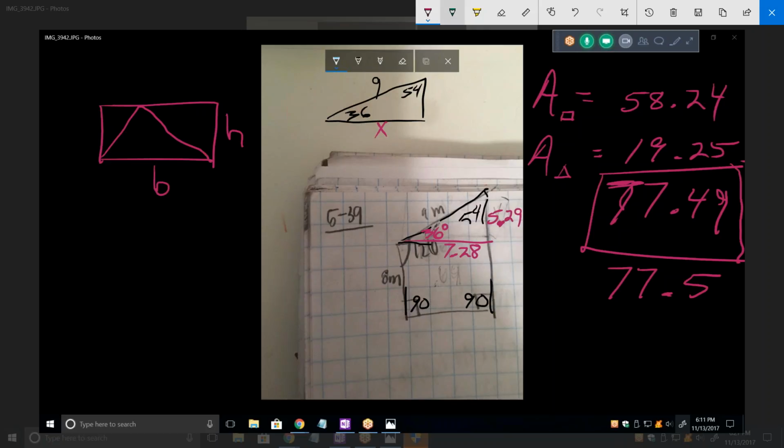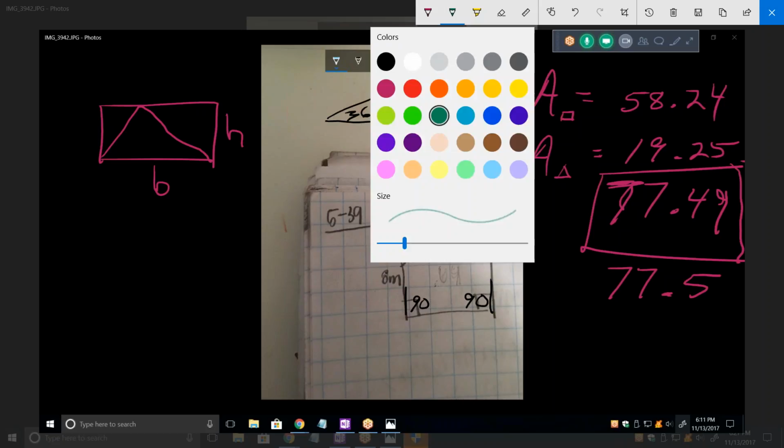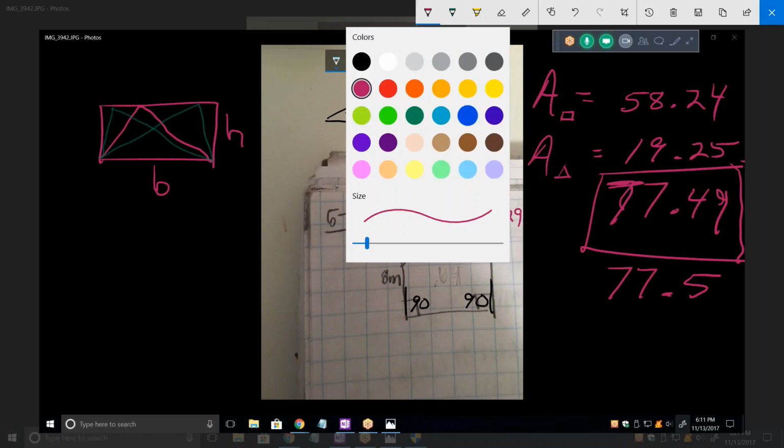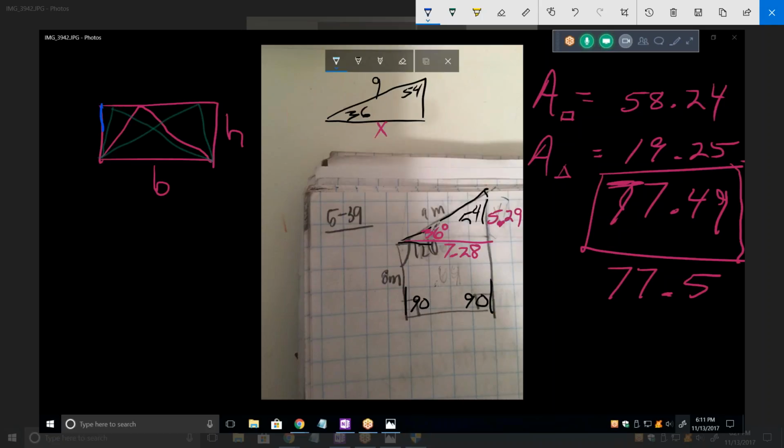Even if I draw it like this, it's half that rectangle. Or if I draw it like that, it's half that rectangle. Or worst case scenario is I draw it like this. In all those cases, the triangle is half the area of the rectangle.